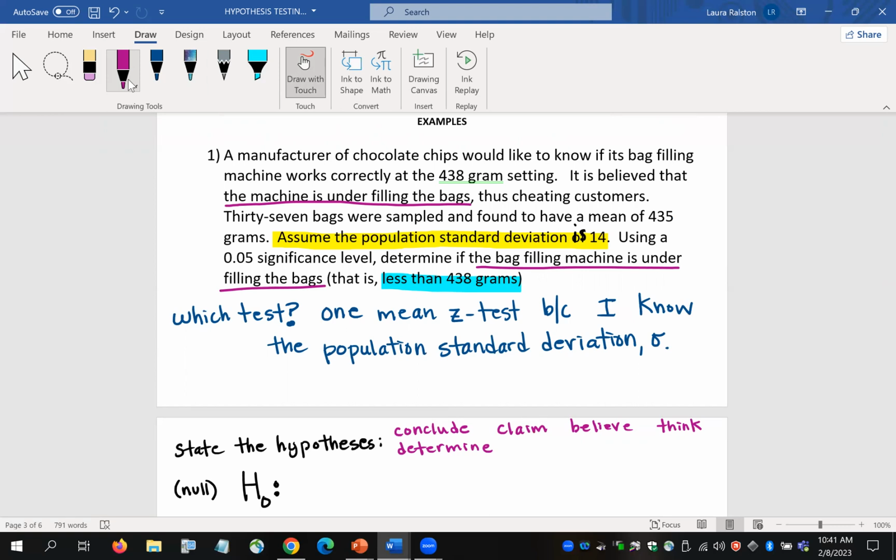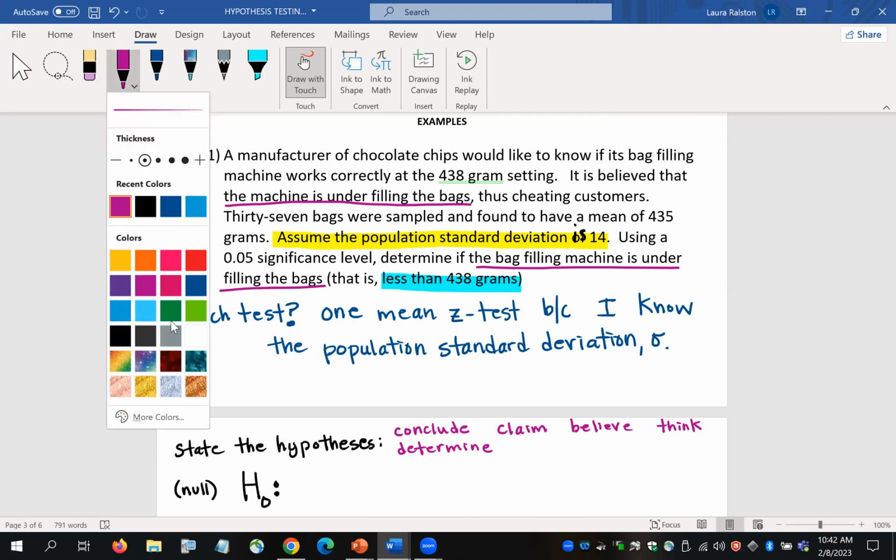So my hypothesis here, as I'm trying to figure out, is the machine underfilling the bags? Because if it is, it's cheating the customers because the bag says it contains 438 grams. So it defines for me that it is less than 438 grams. So let's think about this word, and I'm going to write it down here.